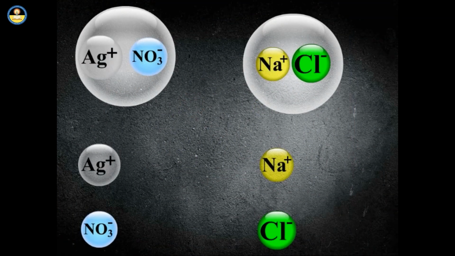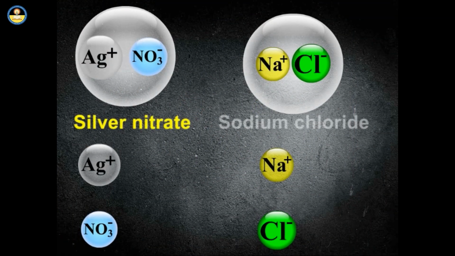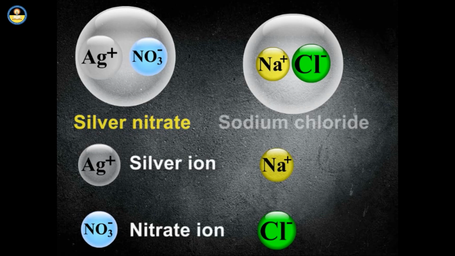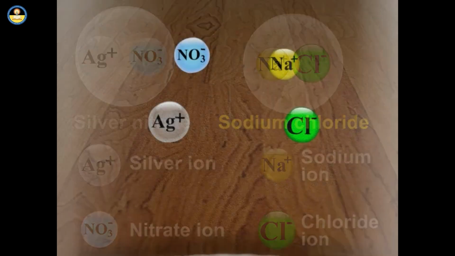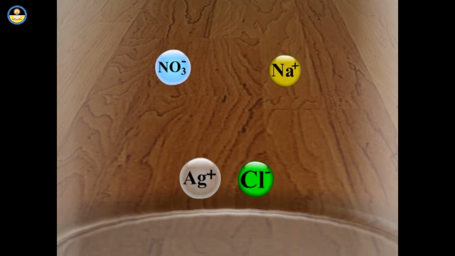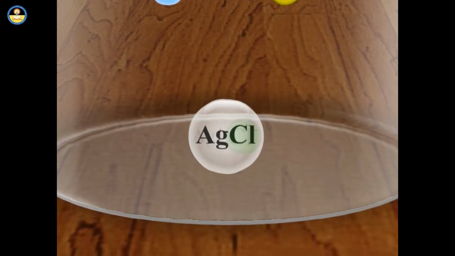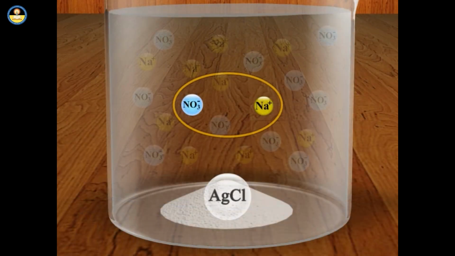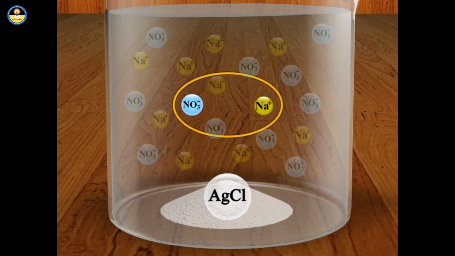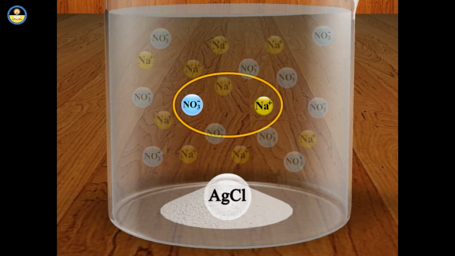Here, silver nitrate dissociates into silver ions and nitrate ions. Sodium chloride dissociates into sodium ions and chloride ions. Silver ions combine with chloride ions to form silver chloride precipitate. Sodium ions and nitrate ions remain in solution.